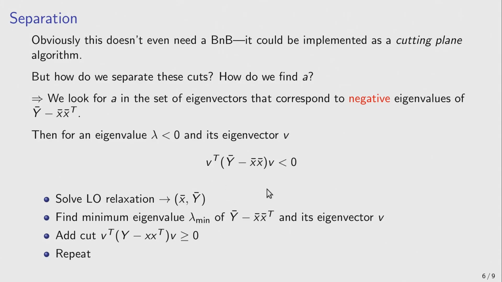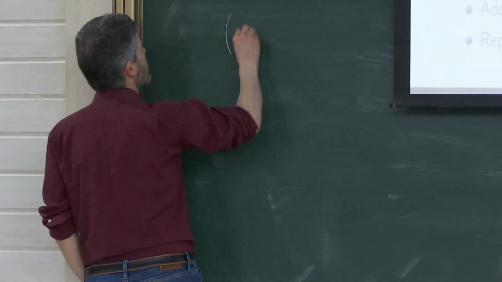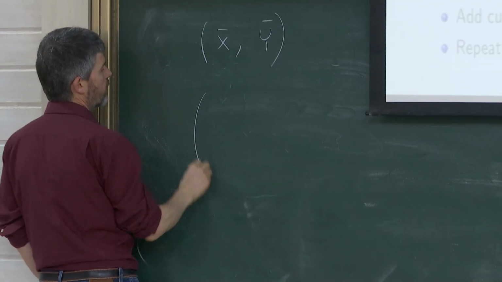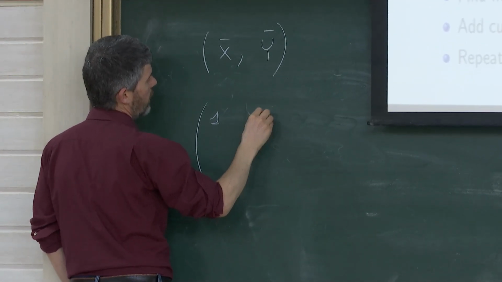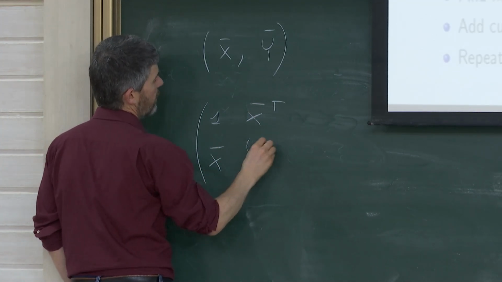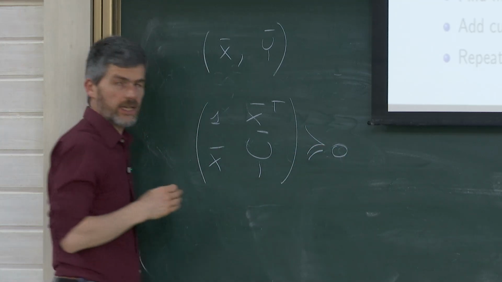But if you put the Schur complement instead, what you get as a solution is x bar and y bar, and you check the Schur complement: 1, x bar transpose, and then x bar and y bar. If this is positive semi-definite, then you're good.